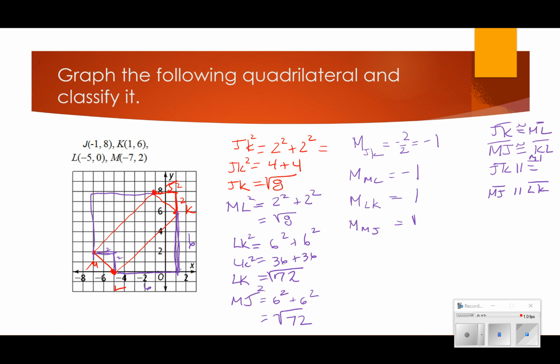The nice thing now about using the slopes is we can say that the consecutive sides are perpendicular, which means they have a 90-degree angle. So using that opposite reciprocal, we also have LK is perpendicular to JK.